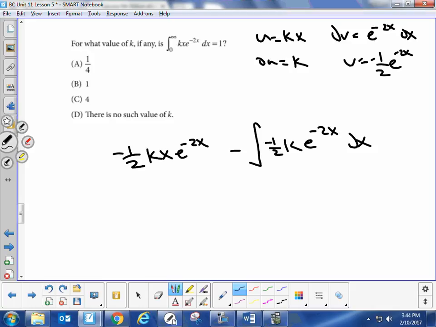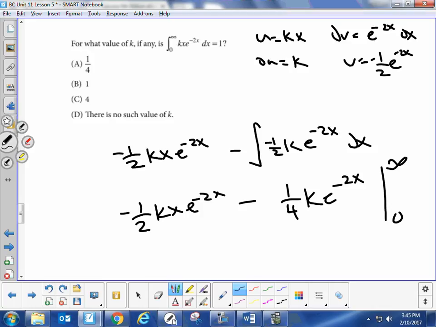This is just a constant, so I can take the antiderivative of it. So it'll end up being positive 1/4, so I'm still subtracting a 1/4 k e to the negative 2x between 0 and infinity. Are you with me so far?